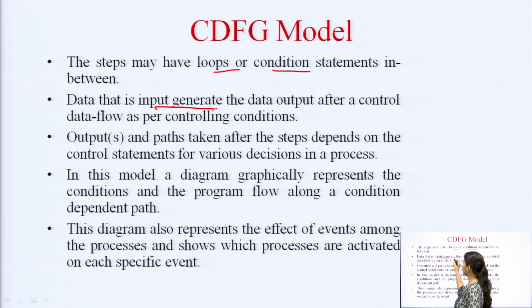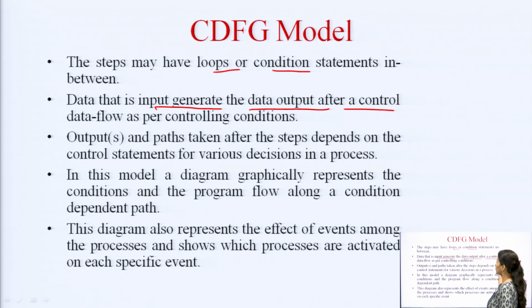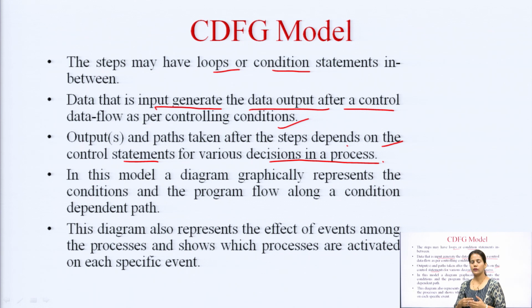The input data generates the data output after a control data flow as per controlling conditions. Outputs and the path taken after the steps depend on the control statements for various decisions in a process. So, the outputs or the route of the data is decided depending upon the fulfillment of the conditions.